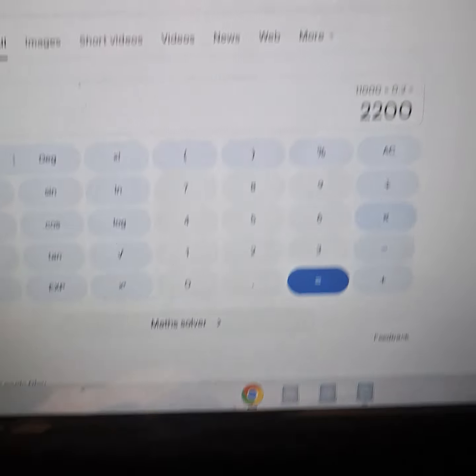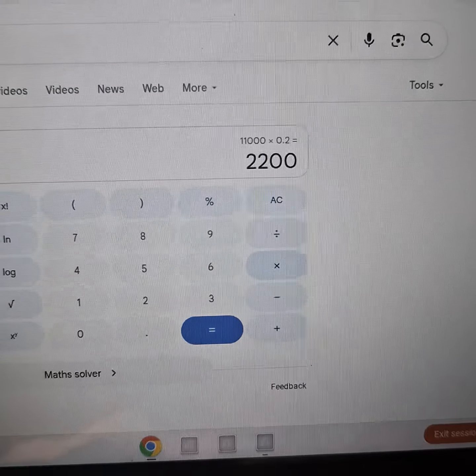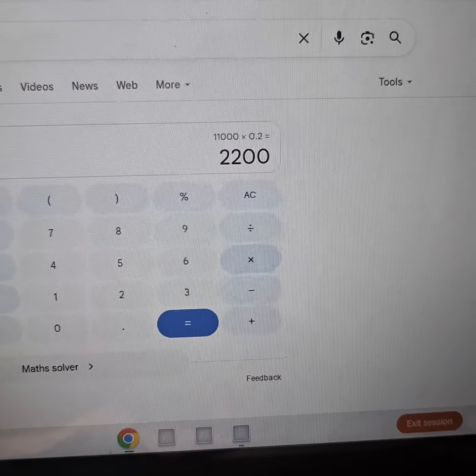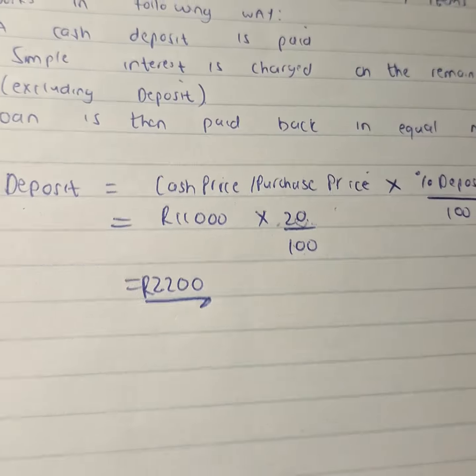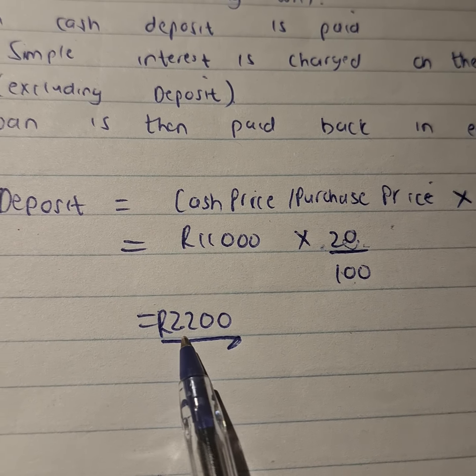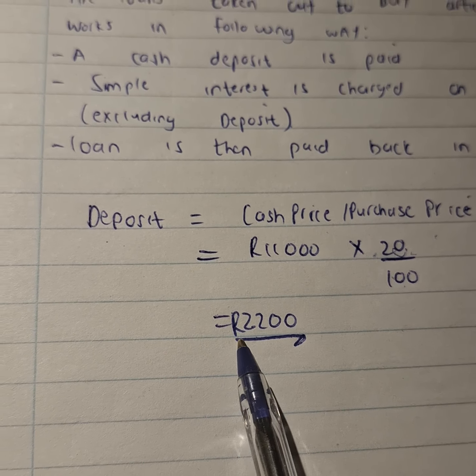Equals 2,200. So that is the deposit. Our deposit is 2,200.